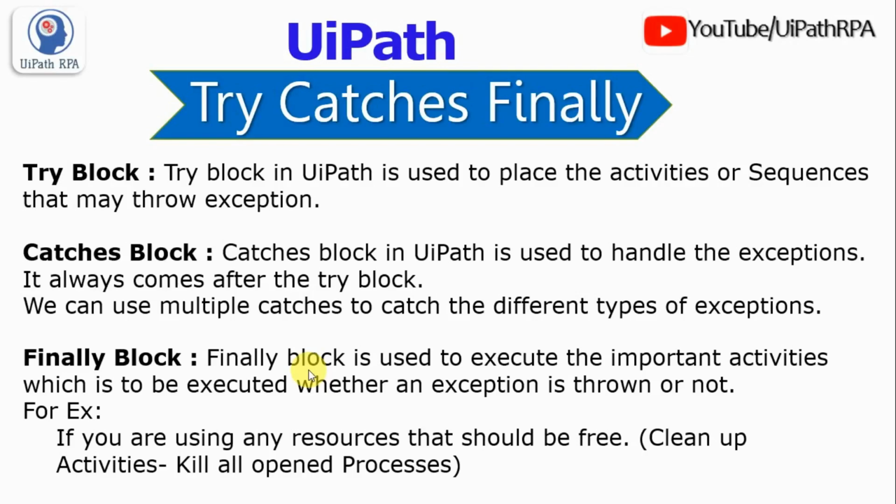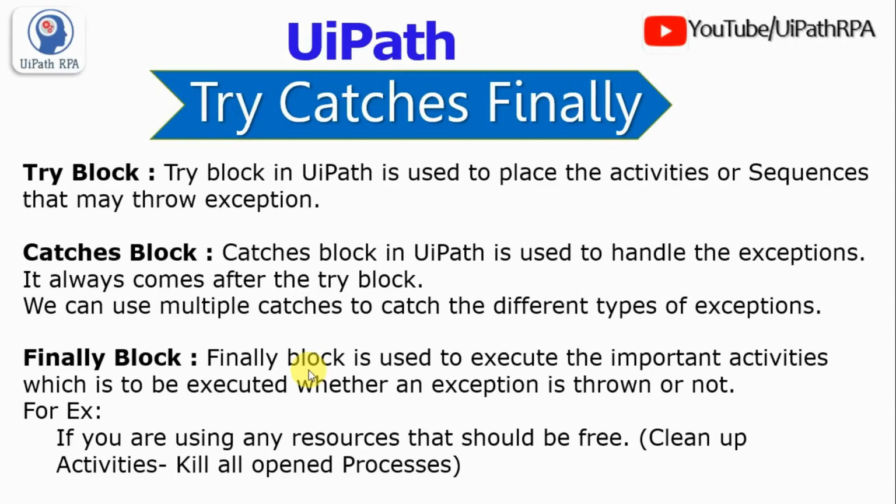So normally we use kill process, right? And using that kill process, we close the internet browsers, whatever we opened at the time of using the project, at the end of the project. So in the finally block we use that kill process.